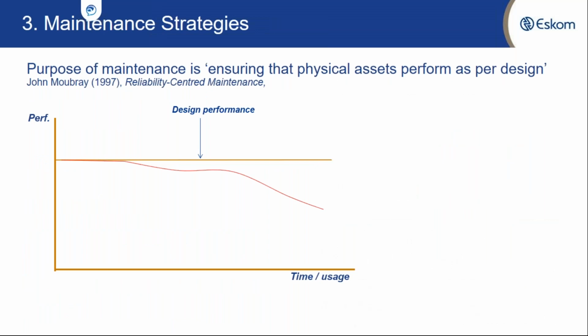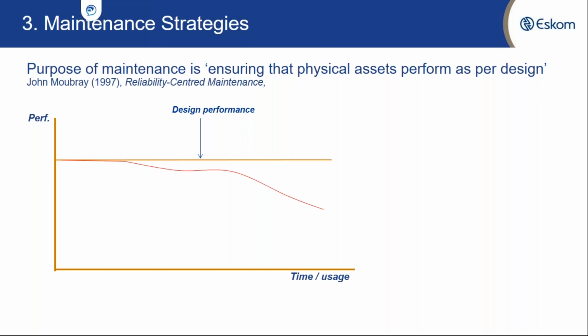So let's look at the purpose of maintenance. The purpose of maintenance has been well defined by John Mowbray, where he links it to design. He states that the purpose of maintenance is ensuring that physical assets perform as per the design. That is the reason why we need to do maintenance.